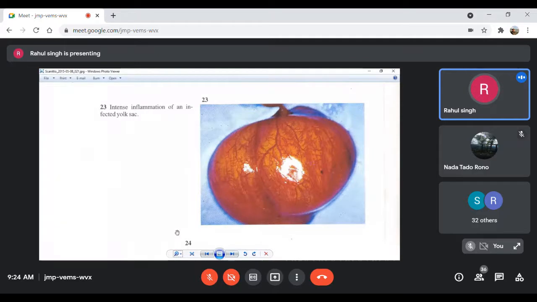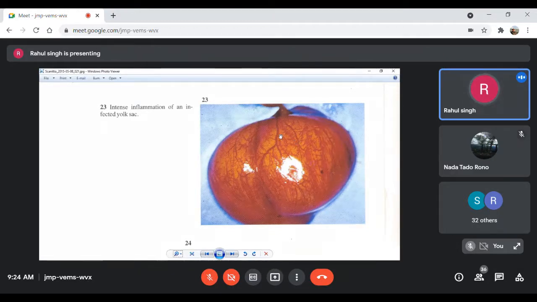Normally yolk sac is a very small yellowish structure. But here, although there is no scale, you can see it is enlarged. It is having severe congestion of blood vessels. If you remember the cardinal signs of inflammation, one of them was rubor, redness, which corresponds to the congestion.